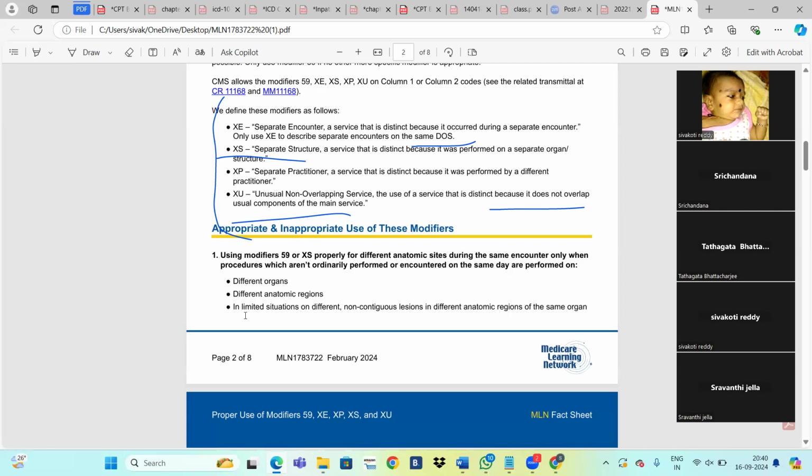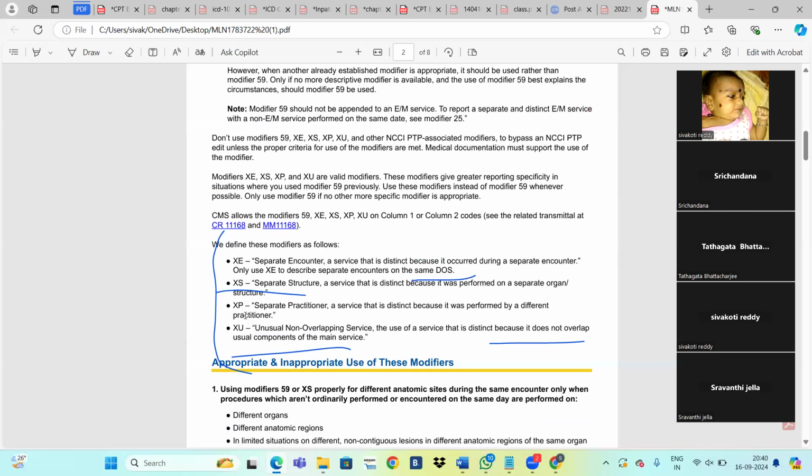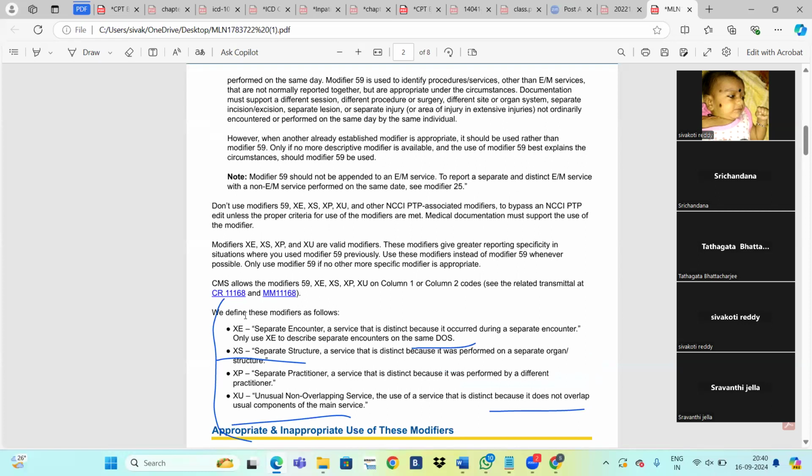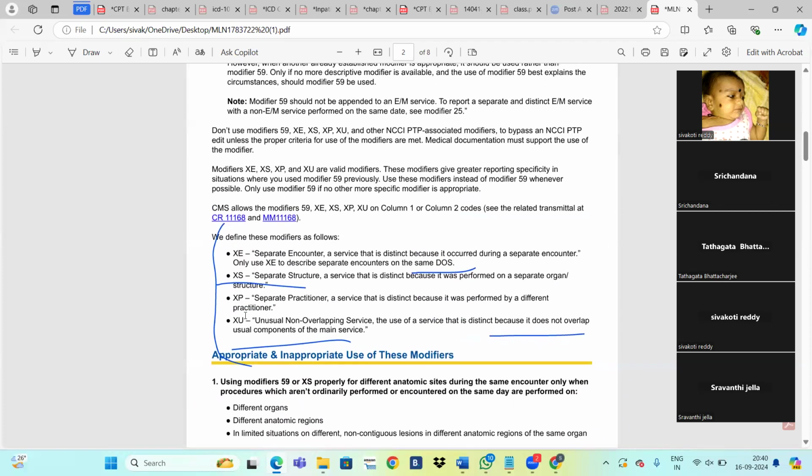Remember, all these modifiers you use only with procedure codes. Don't use any of them with E/M. Modifier 59 you never use for E/M. Don't use modifier 51, XU, or other NCCI modifiers either. Modifier 59 should not be appended to an E/M service.